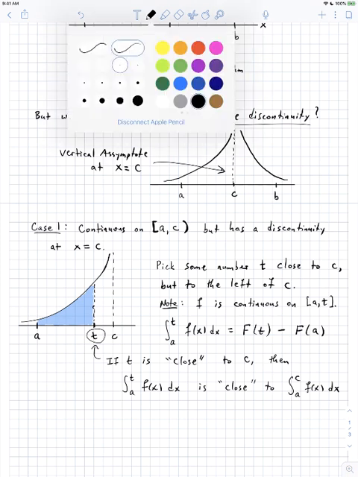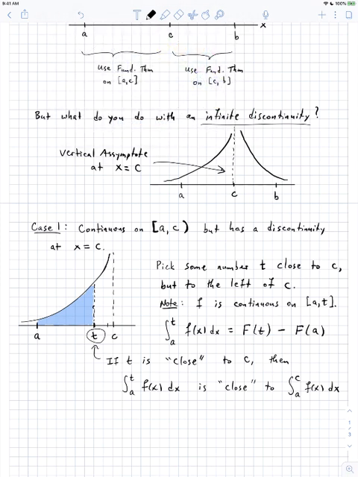And if you pick a t that's closer, say over here, then you're going to get an even better approximation. So the closer t is to c, the better the approximation becomes.